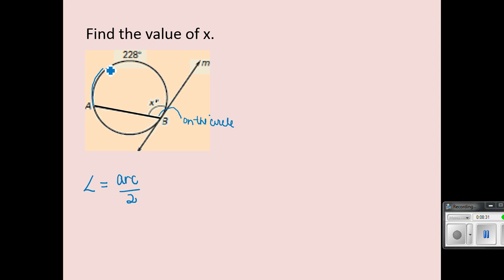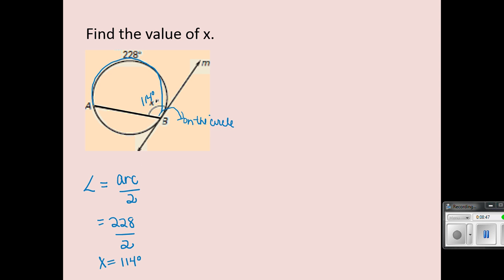So the arc here is 228 divided by 2. I would get x equals 114 degrees. So this is 114 degrees.